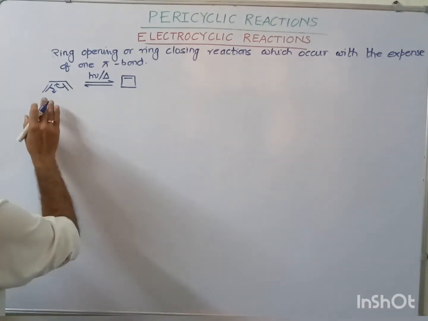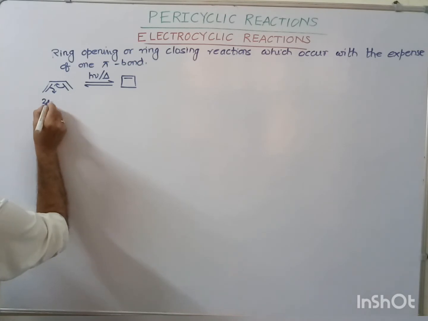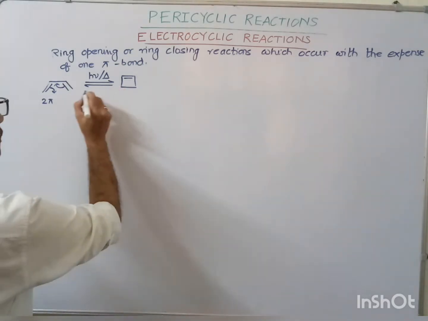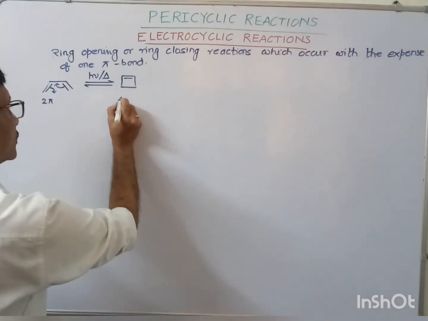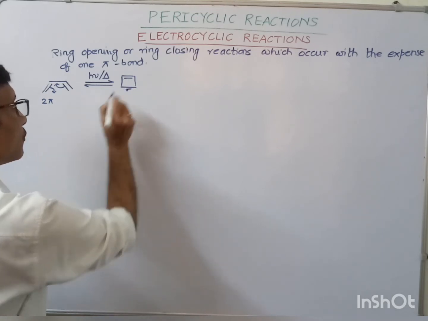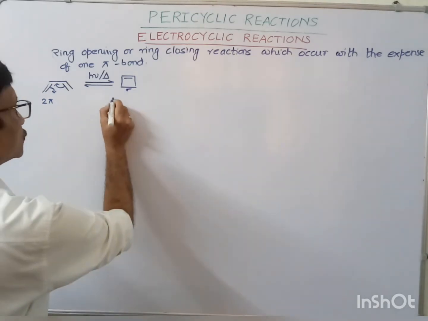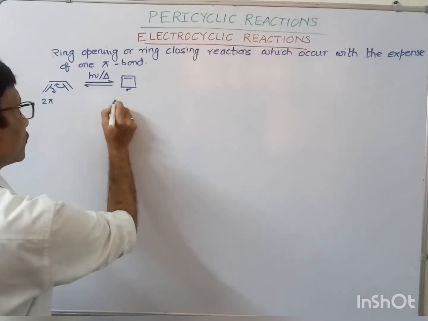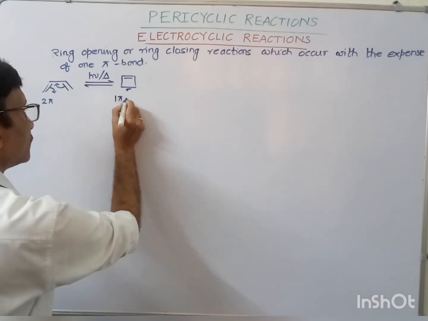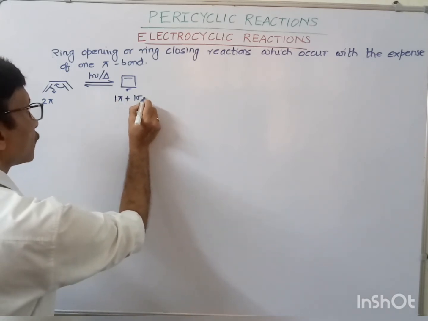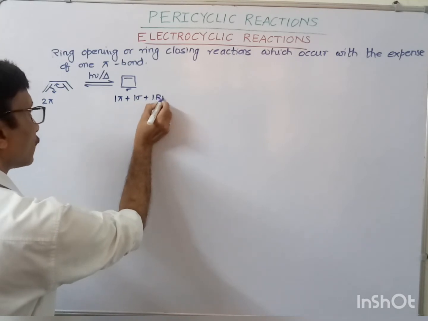Here the number of pi bonds is 2, and here the number of pi bonds is 1. The number of pi bonds is decreased by 1, one new sigma bond is formed, and one ring is formed.